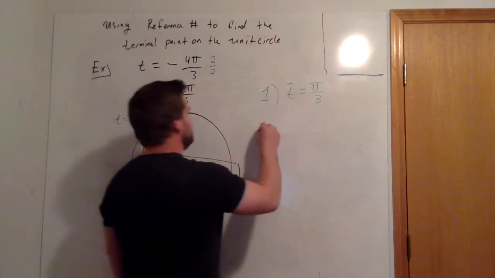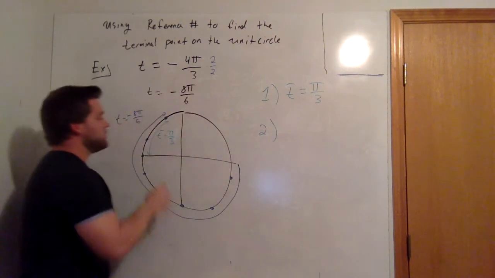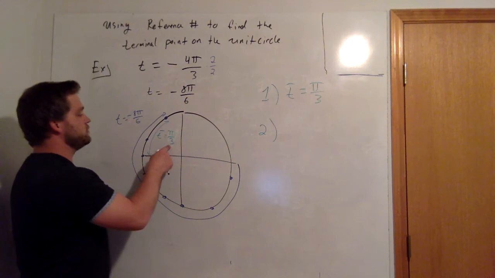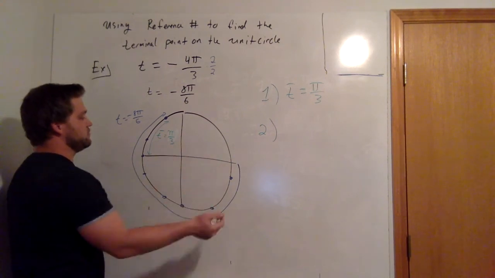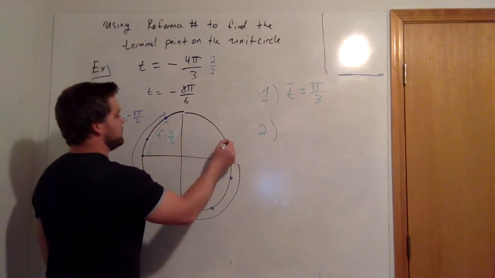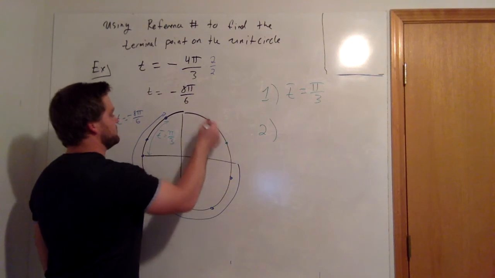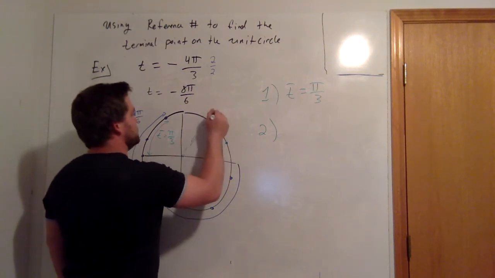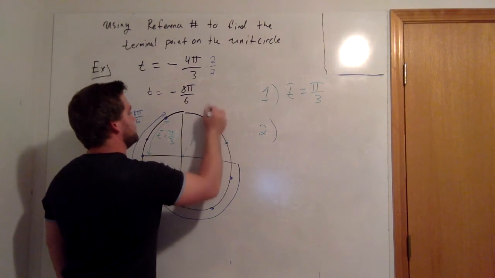Okay, so for part 2, I want to think about the x and y coordinates if I travel pi over 3 units around the unit circle in the first quadrant. So here's 1 increment of pi over 6, 2 increments of pi over 6, which is pi over 3. So here, this is when we're at pi over 3 units around the unit circle.